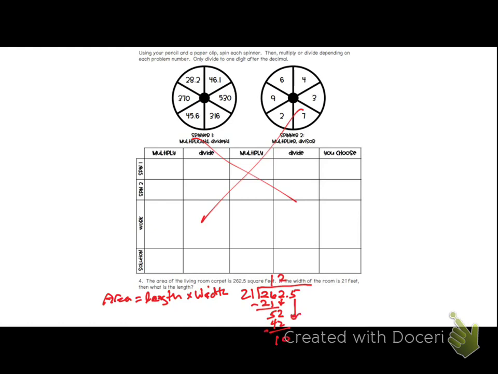And I bring this down, and I need to move my decimal up. Forgot about that again. 105. 5 times 21 is 105. So I've got my answer. My length will be 12.5.